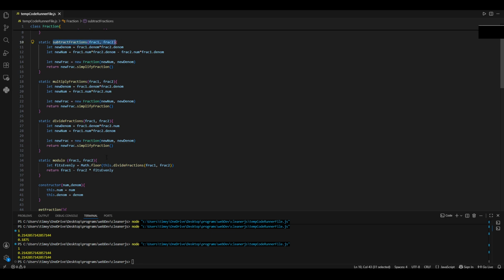Subtract fractions. Subtract. And then multiply fractions. And we can just treat fits evenly like a fraction, even though it's a whole number.